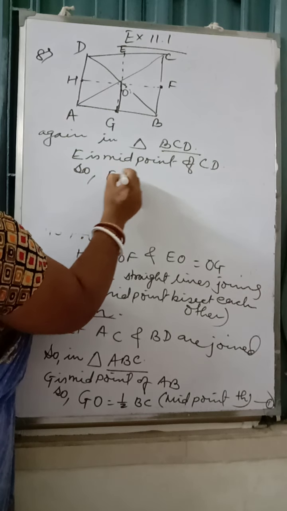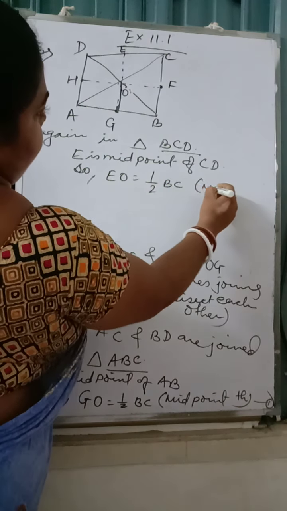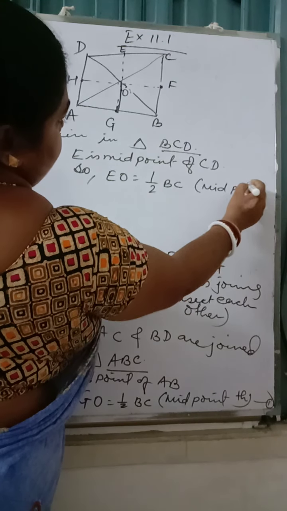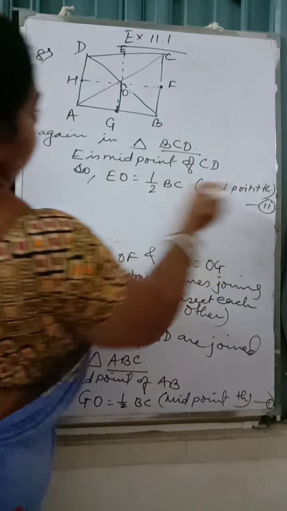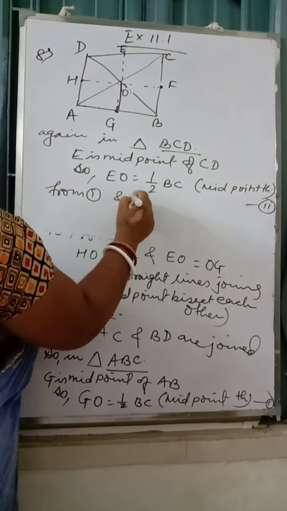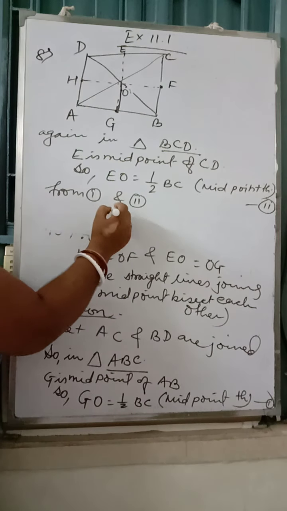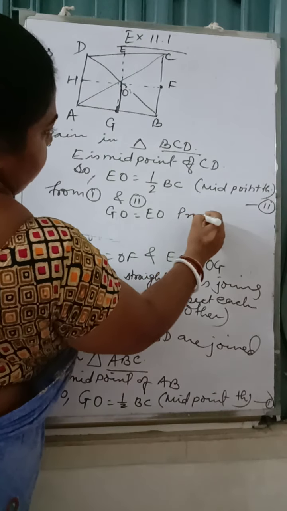So EO is equal to half of BC according to midpoint theorem. This is situation number 2. Now from 1 and 2, GO is equal to EO, proved.